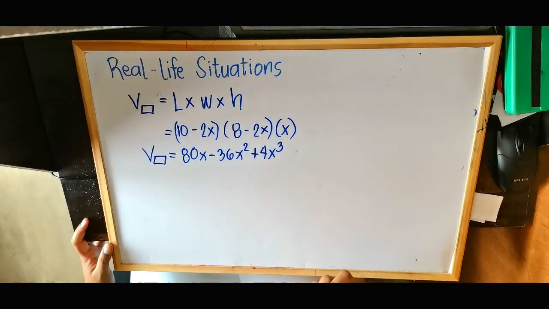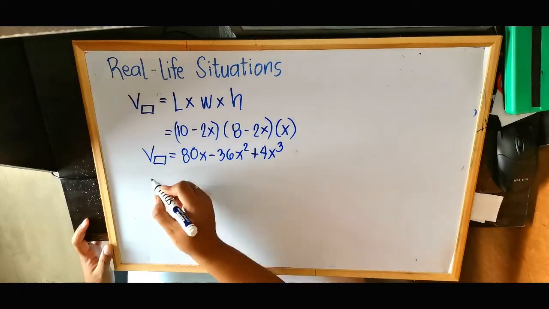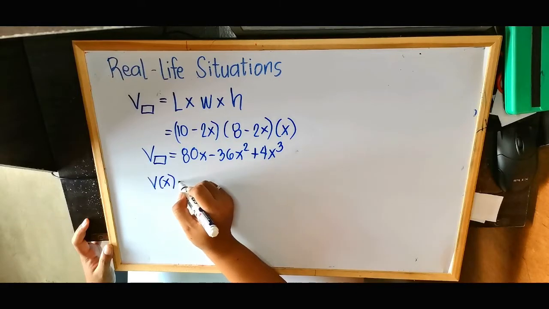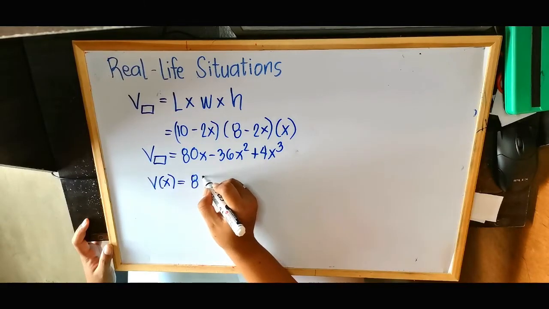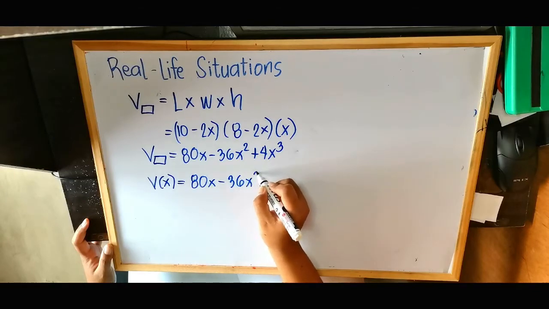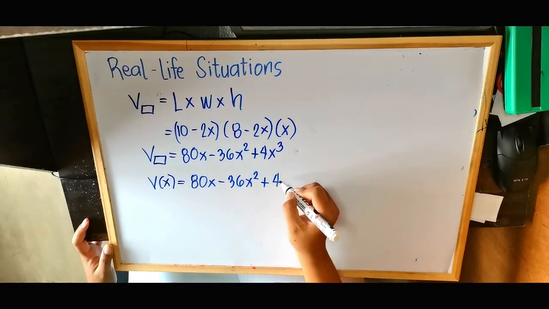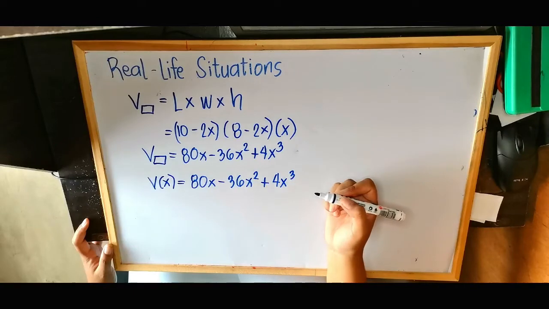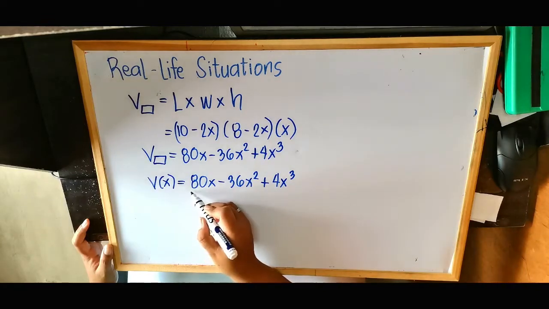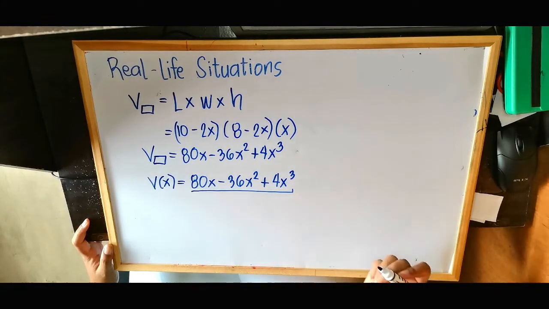So, to define a function in terms of x, it will become V of x is equal to 80x minus 36x squared plus 4x cubed. The question is, how did we arrive at our final answer?